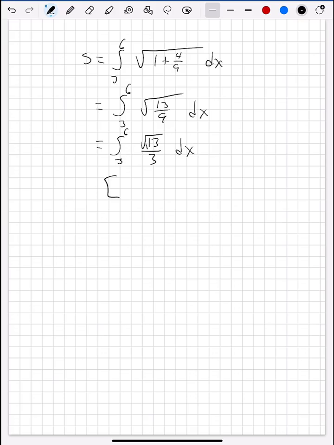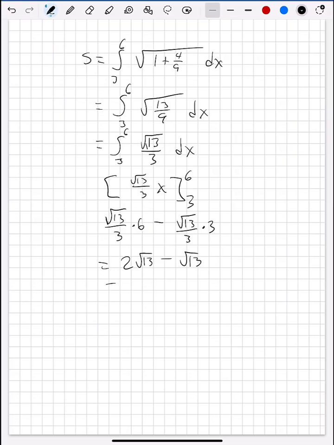The integral of that is the square root of 13 over 3 times x, from 3 to 6. So I do my upper limit, the square root of 13 over 3 times 6, minus my lower limit, the square root of 13 over 3 times 3, which is 2 times the square root of 13 minus the square root of 13, which equals the square root of 13.